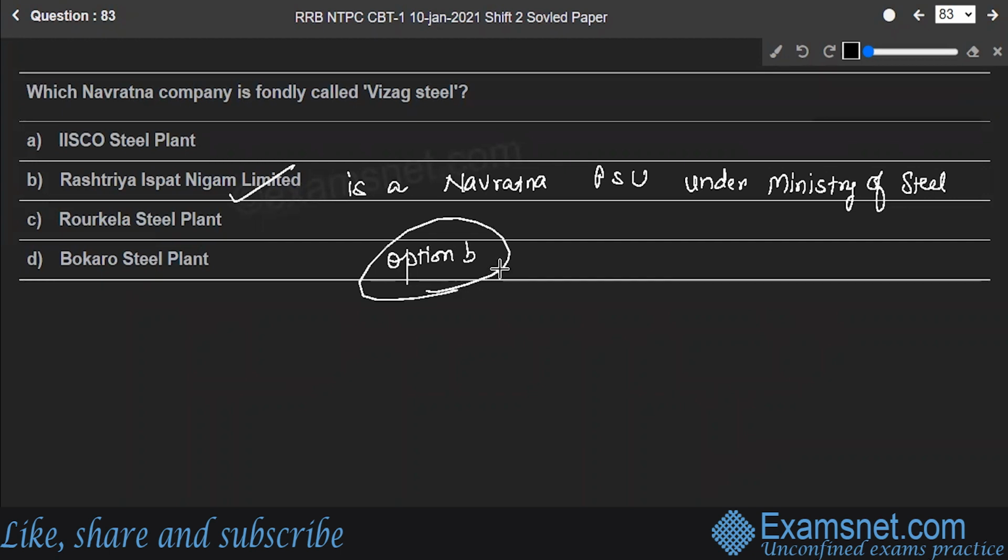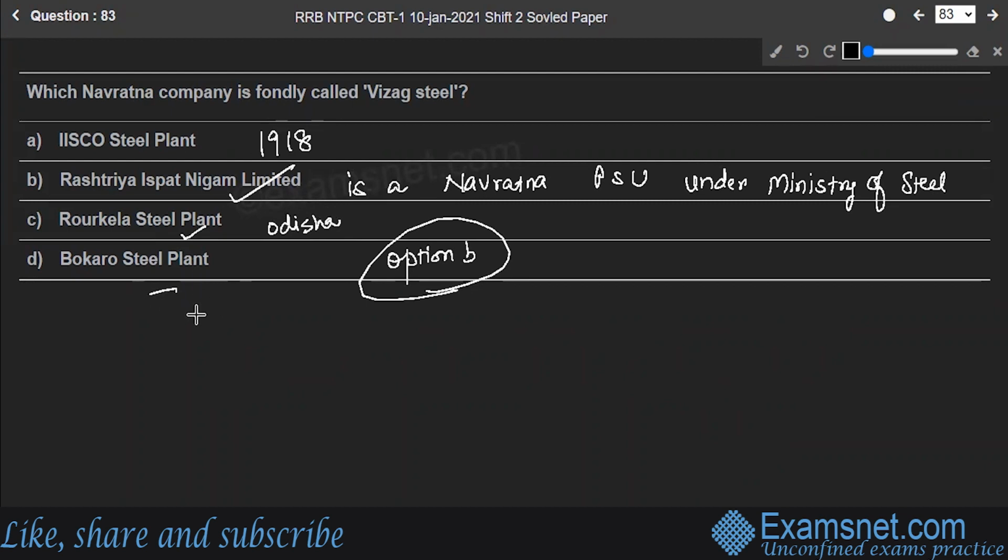Hope you understood this. If we talk about the ISCO Steel Plant, this was founded in 1918, and Steel Authority of India Limited is an integrated steel plant which is located in West Bengal, India. Rourkela Steel Plant, this is in Rourkela, Odisha, is the first integrated steel plant in the public sector, India.